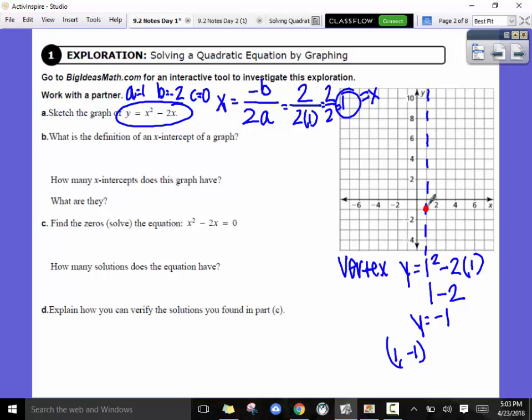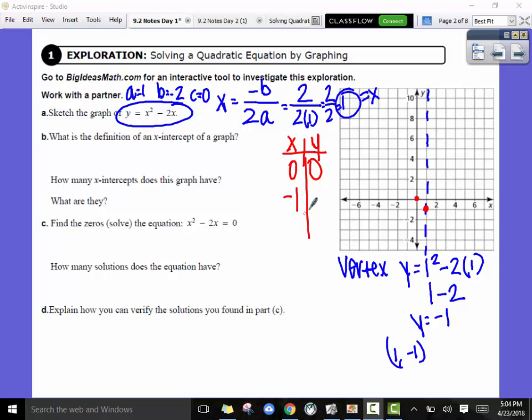Okay, I need a few more points to make my table. So I'm going to plug in 0 and probably negative 1. So I'll make a small table here. If I plug in 0 into my equation, 0 squared is 0, minus 2 times 0 is 0. I'll plot that.